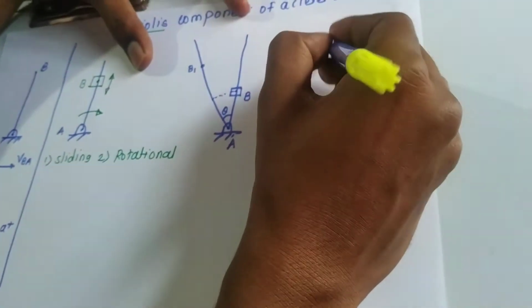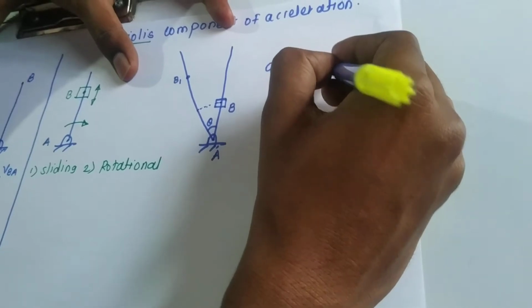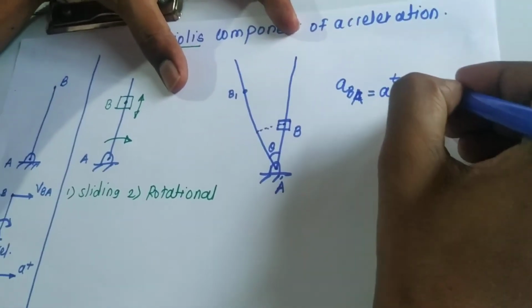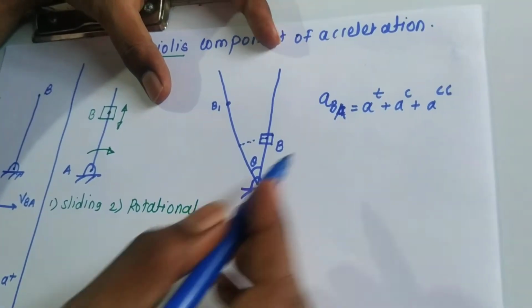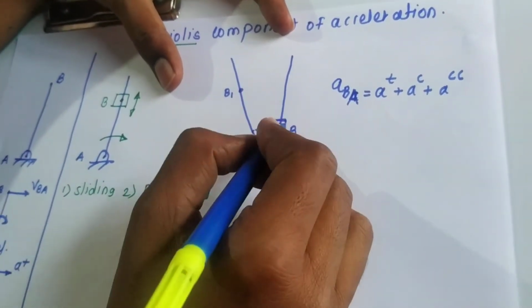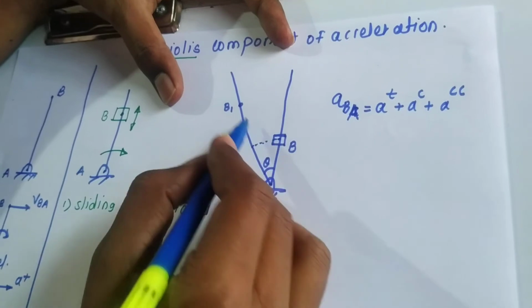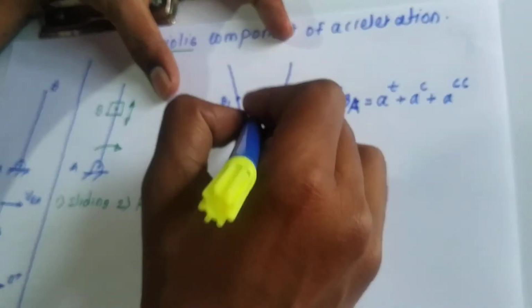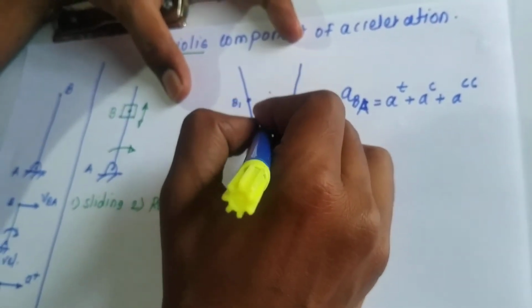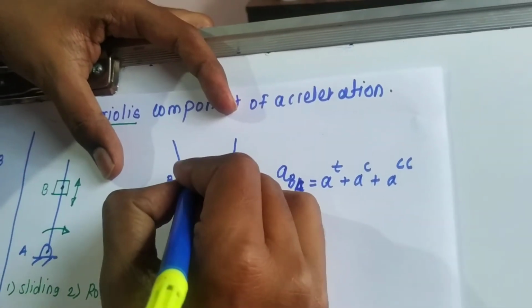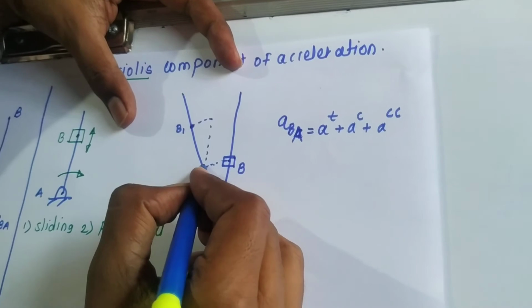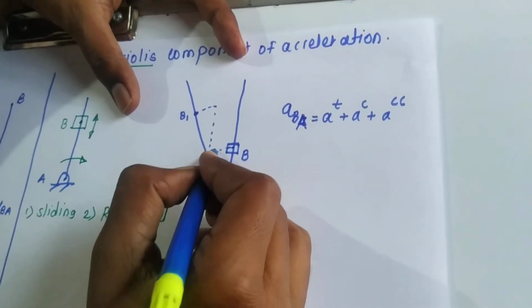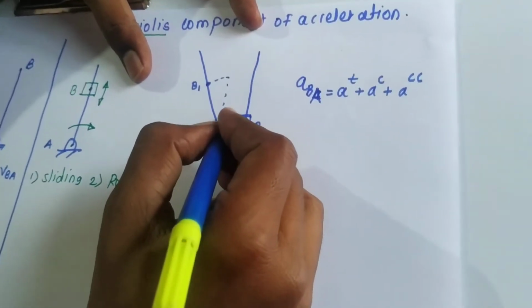One is tangential acceleration, another is centripetal acceleration, and one more is the Coriolis component. Now we'll see how the motion is. When the slider moves from B to B1, it will move through a path. The path will be like this. So this path I have shown. The slider is assumed to move from this point to this point due to tangential acceleration.